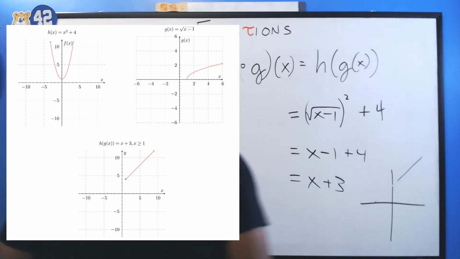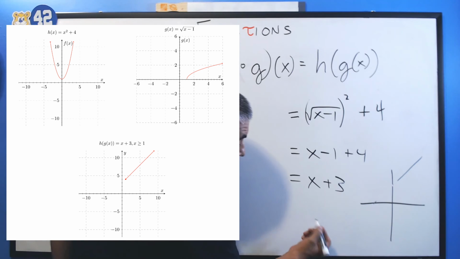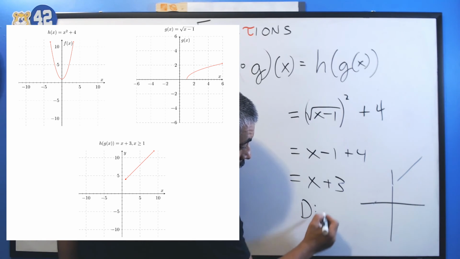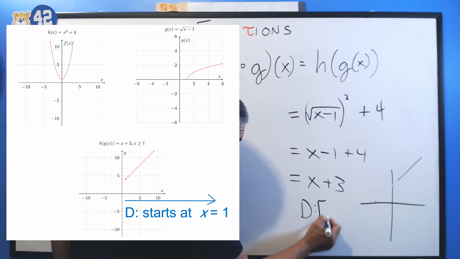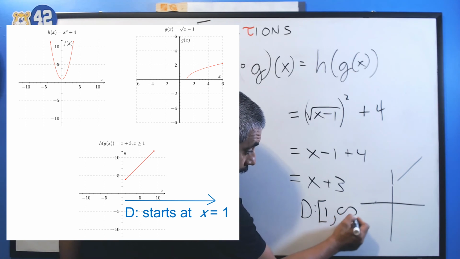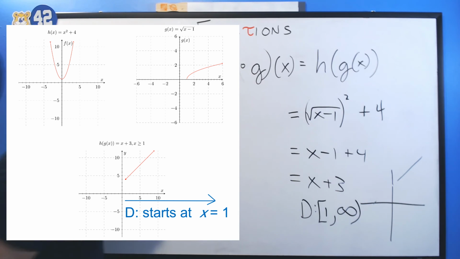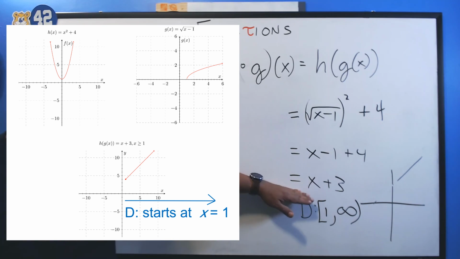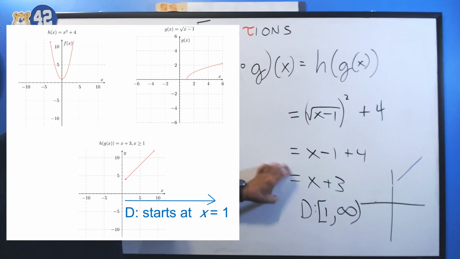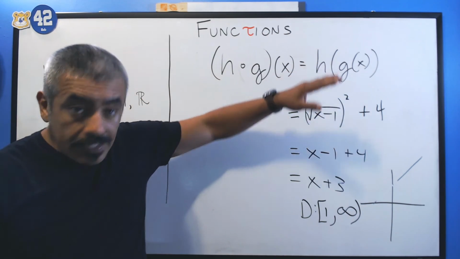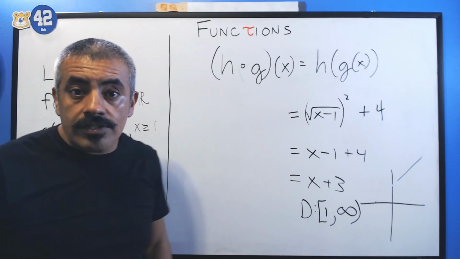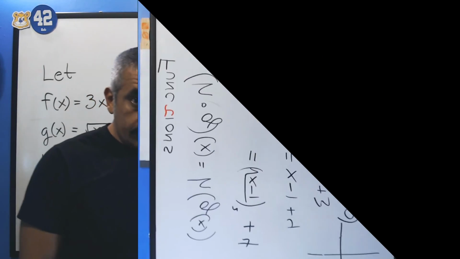And we would write that the domain of this function is going to start at 1, and it's going to go all the way to infinity. So even though it's a line, and we know that lines are supposed to have domains all real numbers, in this case, it's not a regular line, it's a composition of two functions. And that's why we have to take into consideration the domain of the innermost function.